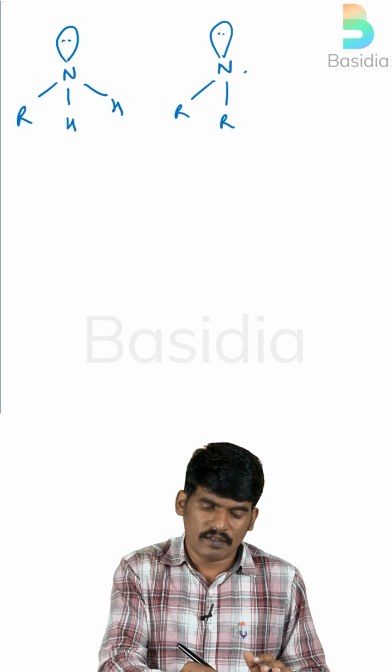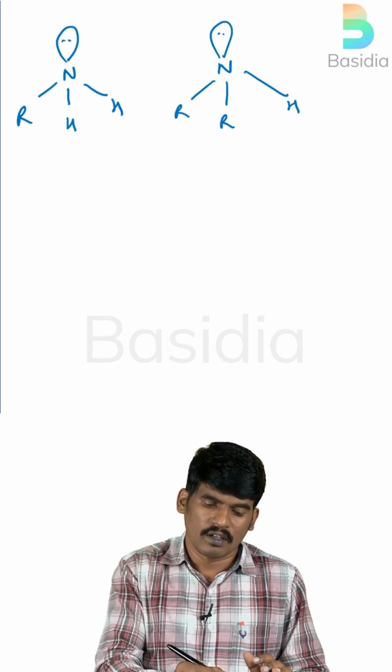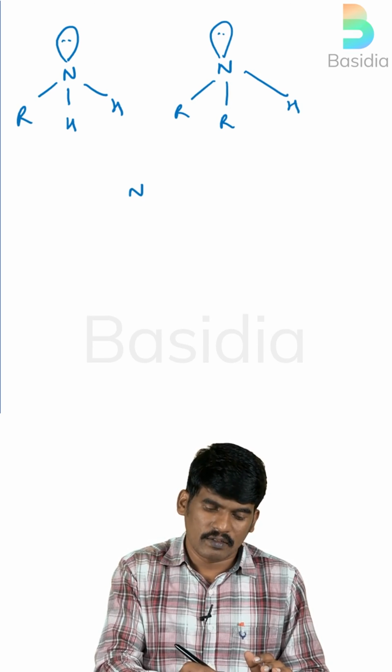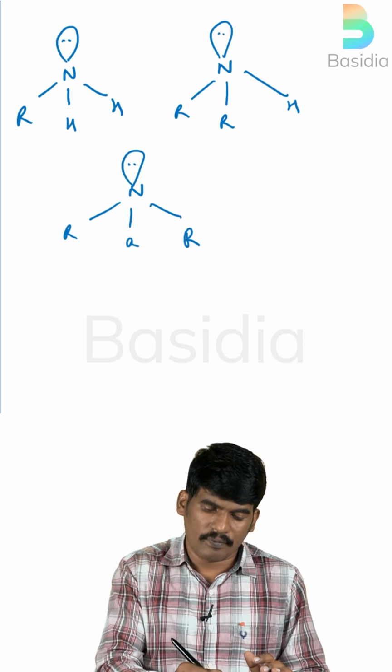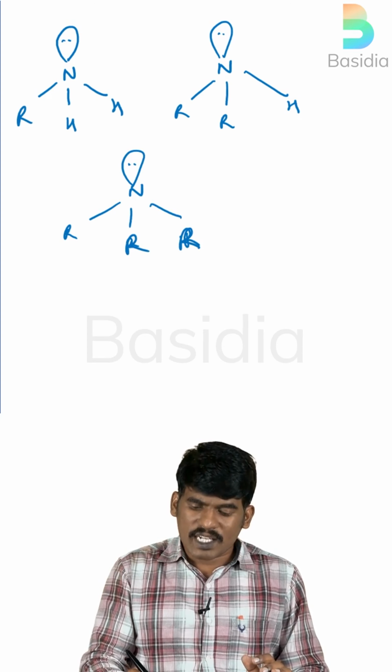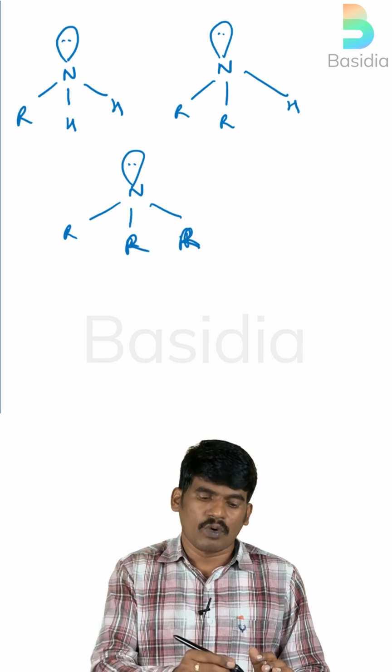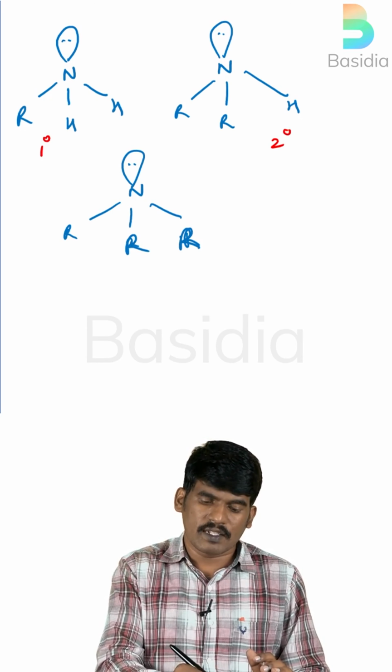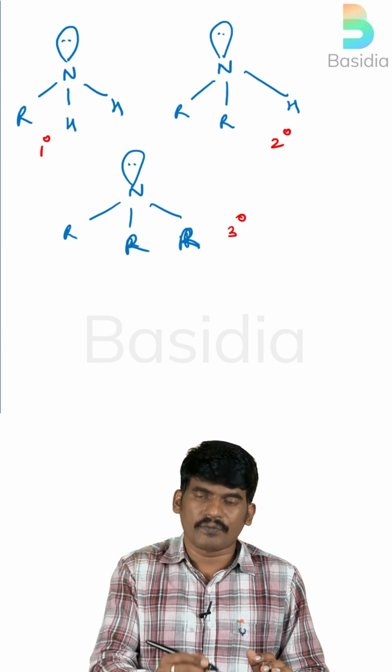It is a secondary amine. And similarly, N having a lone pair, R, R, R. It is a tertiary amine. So which has more alkyl groups? Tertiary amine has more alkyl groups. It's primary, it is secondary, and it is tertiary.